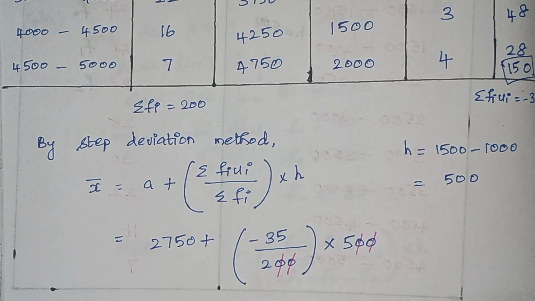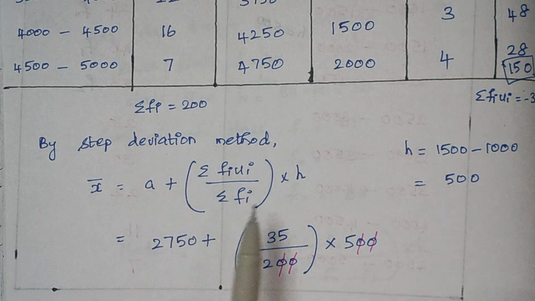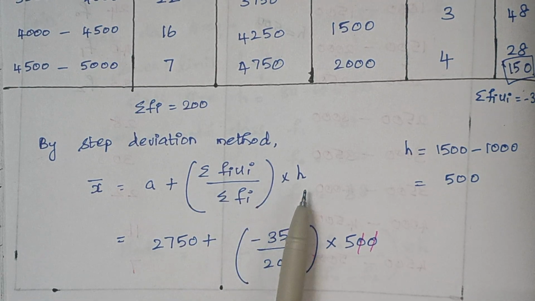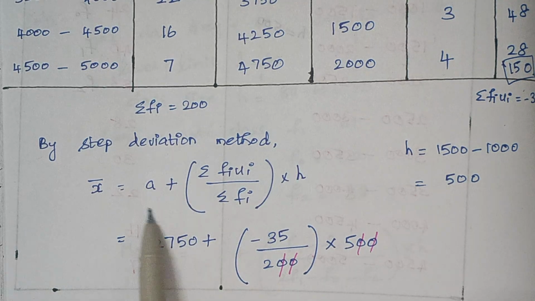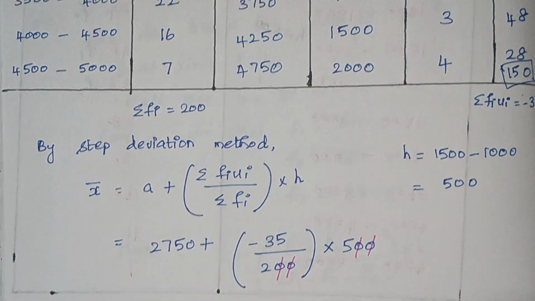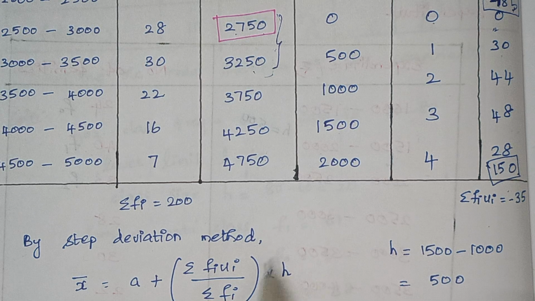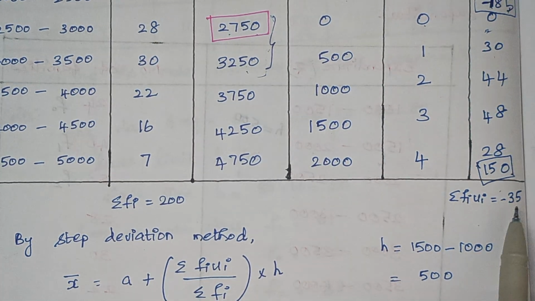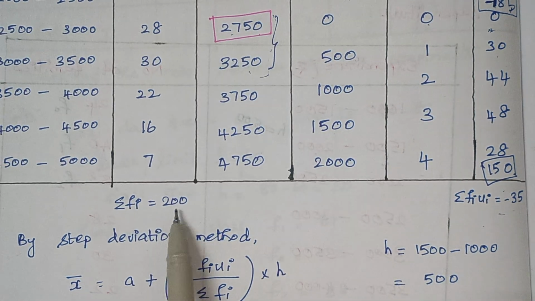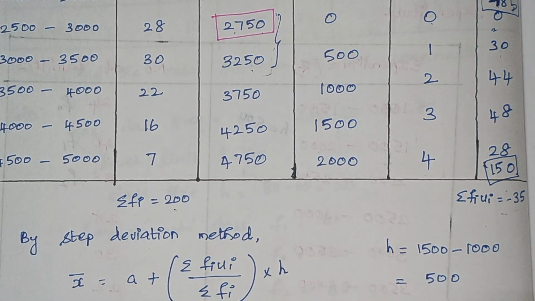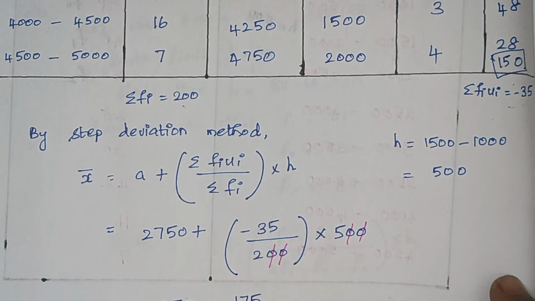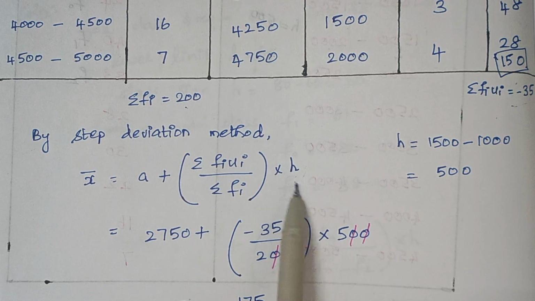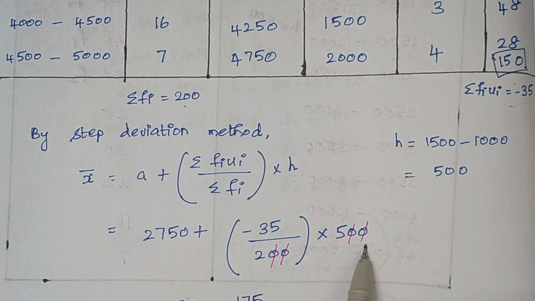So by the step deviation method, what is the formula? This is given by x bar is equal to a plus summation of Fi Ui divided by summation of Fi, into h. So here what is the value of a? The value of a is 2750, plus summation of Fi Ui. So here the summation value is minus 35 and here it is 200. So 2750 plus minus 35 by 200 into what is the value of h? The value of h is 500.